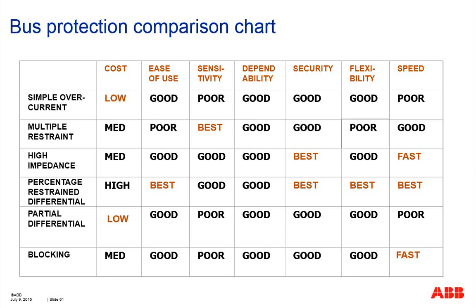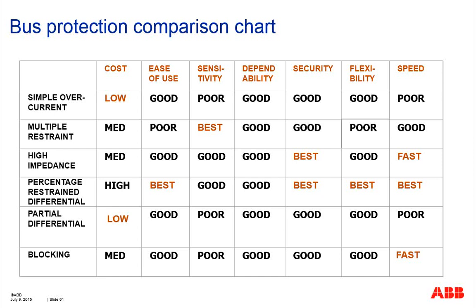Also, it's more flexible. You can connect multiple relays together using the same CT, but in the high impedance approach, you need a dedicated CT with matching characteristics, so the requirement is more stringent. That's why the trend we see now is more and more towards low impedance.